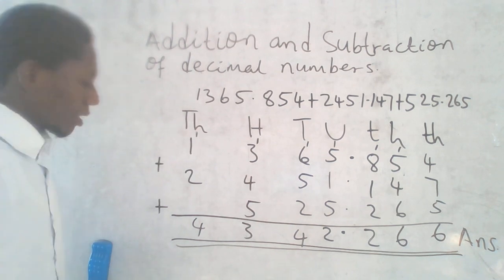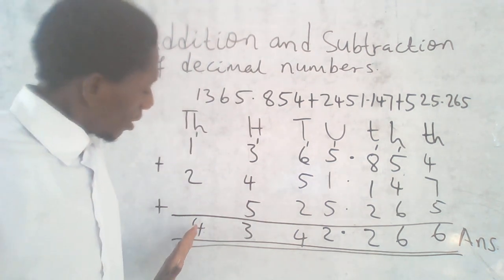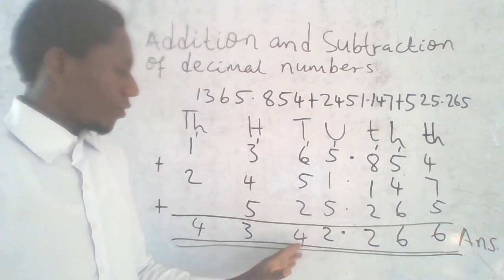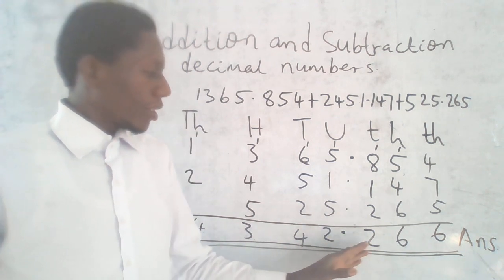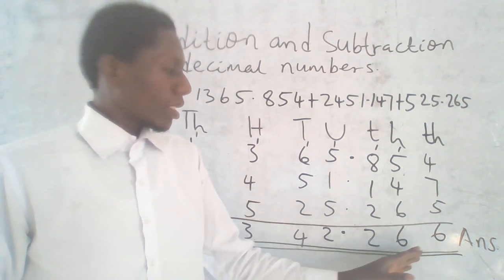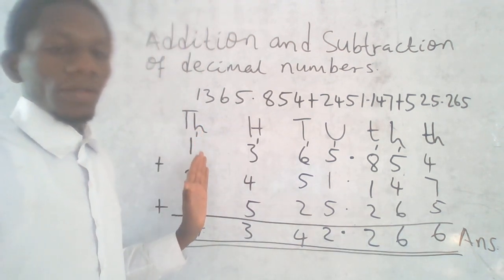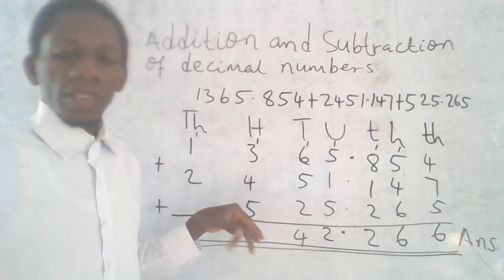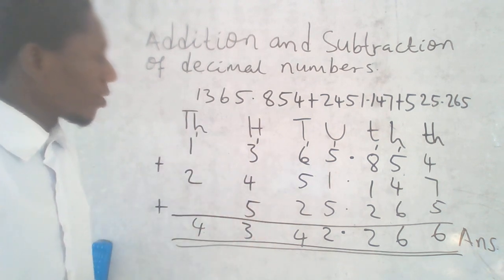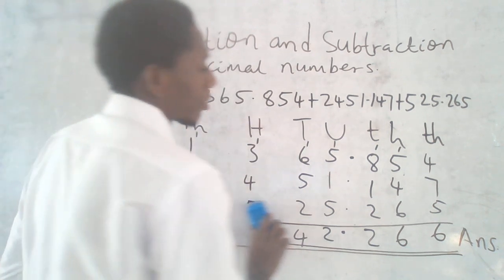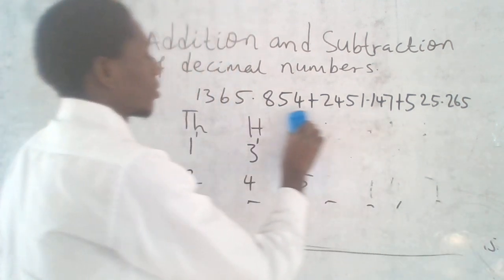Alright, so you can see that we have 4,342.266. Okay, so this is how you can work with numbers that involve decimals. It's a normal addition that we did here.